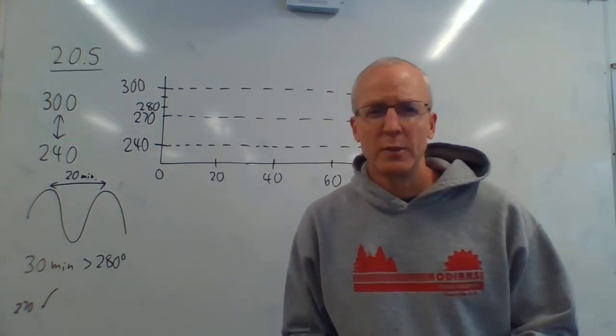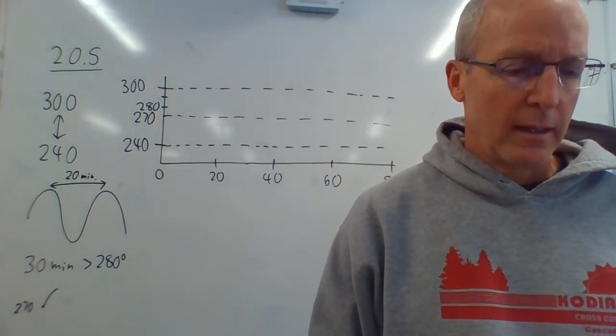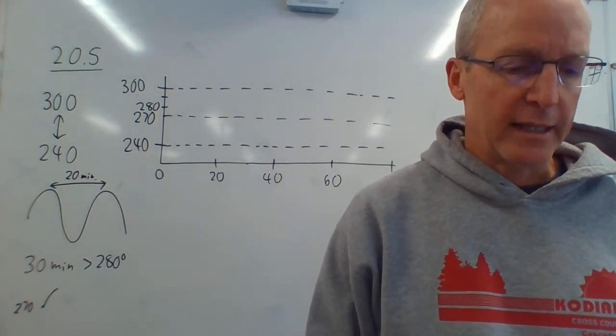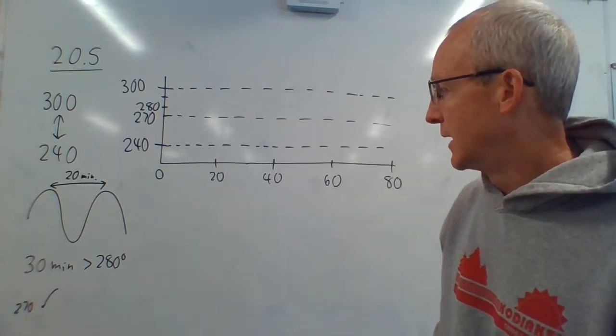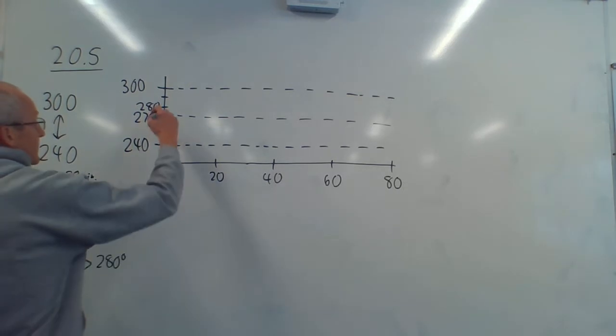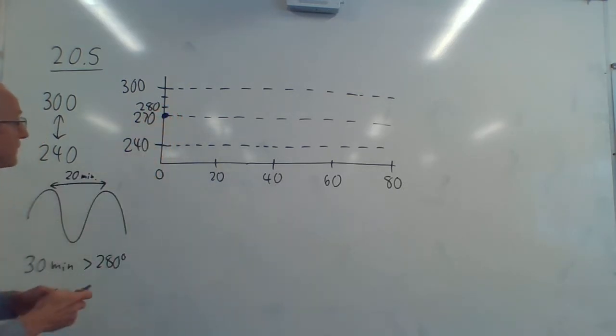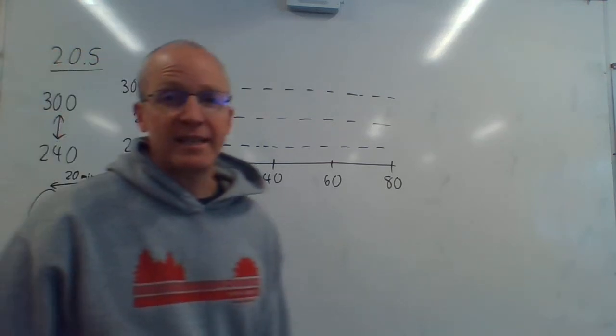Okay, now where does the wave start? The wave is at 270. He puts it in when the wave is at 270, right? And going up. So at time 0, the wave is right there at 270 and going up, which is really nice. That's exactly in the middle.